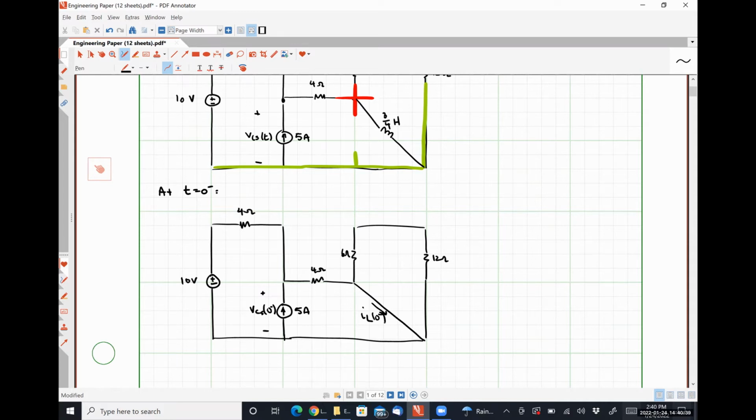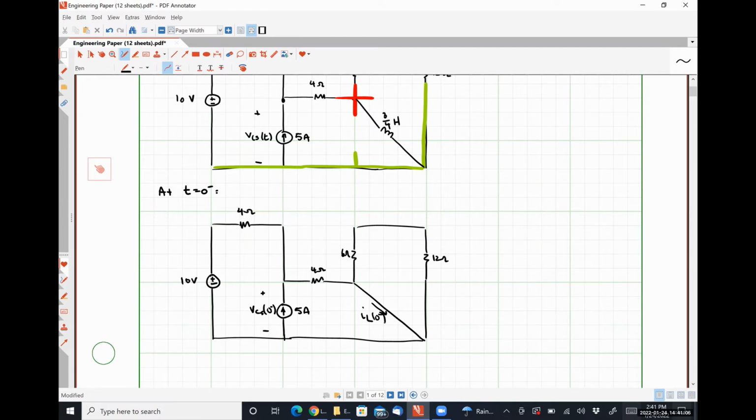So I'm going to reiterate, how do we solve for IL and VCS? Nodal. I would personally feel that nodal is the better option than mesh here. The reason is that nodal will allow us to solve for the voltage drop over the current source without any extra work whatsoever.